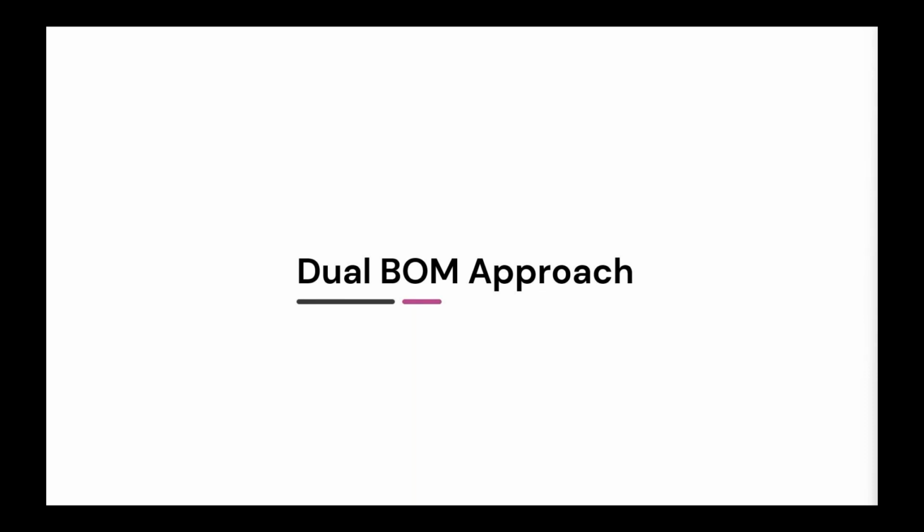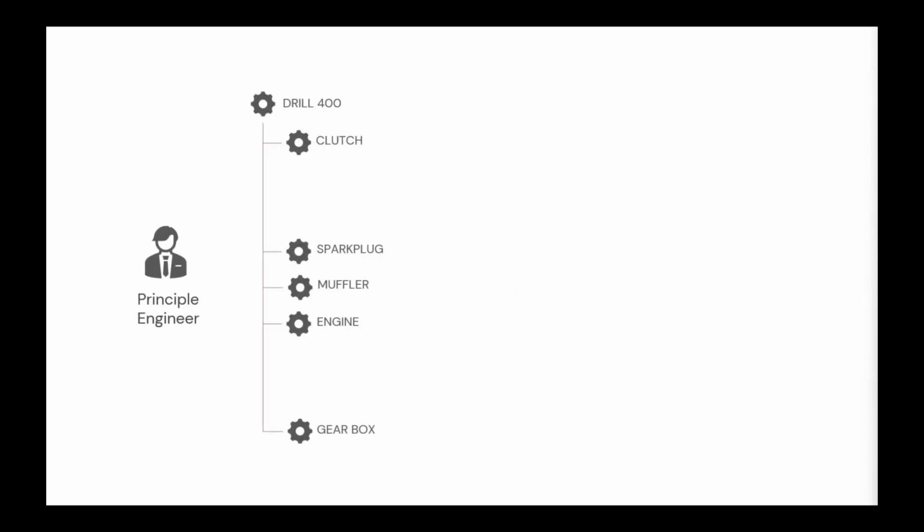So in a dual approach, the process may look something like this, where we have a principal engineer, or a product owner maybe, of a product that goes in and defines the overarching structure to outline to the business how this product should look, but allows some flexibility and agility for the design engineers to fill in the gaps.